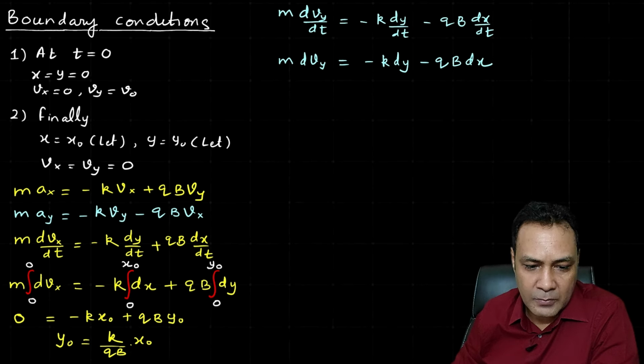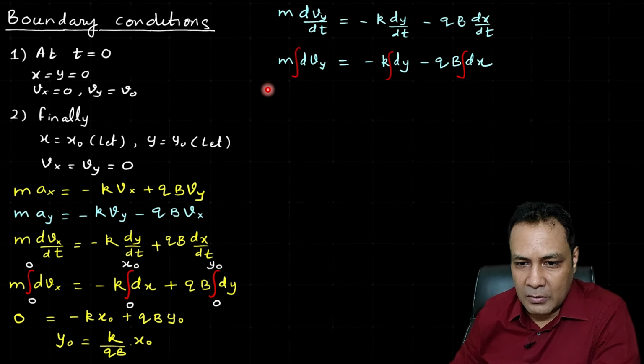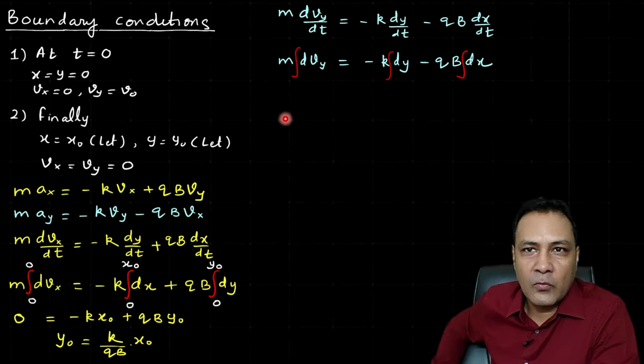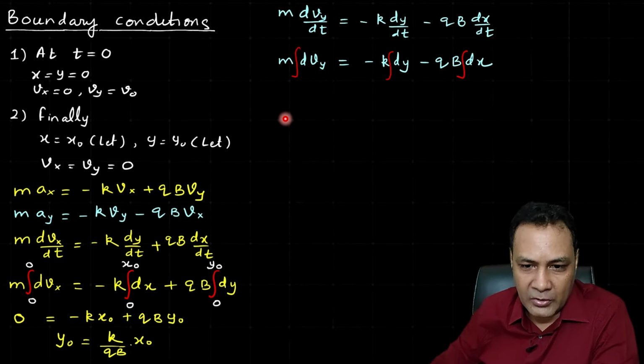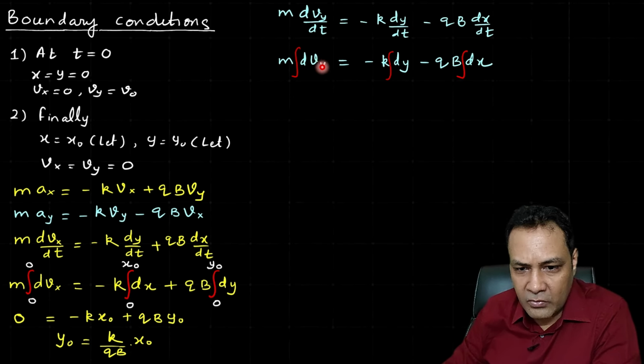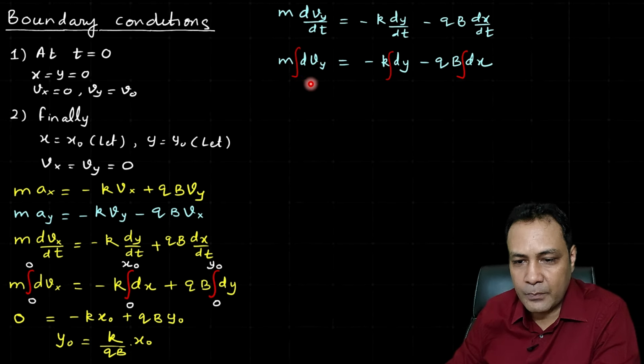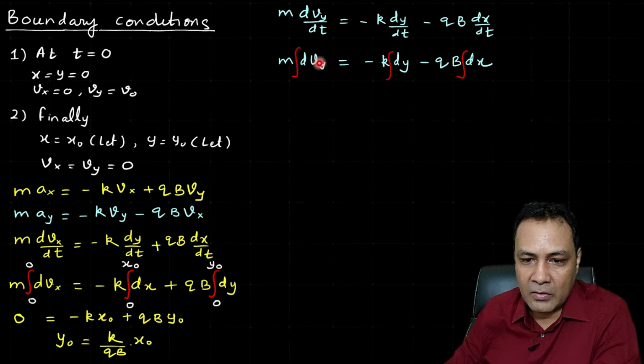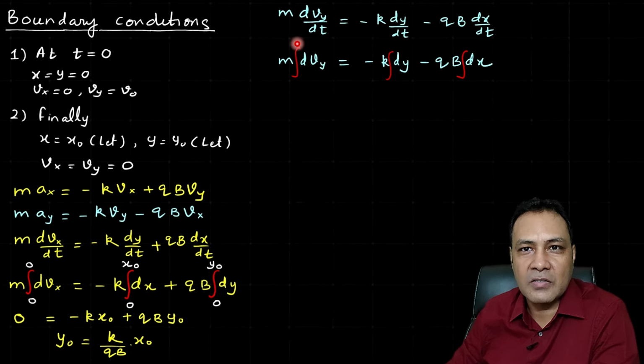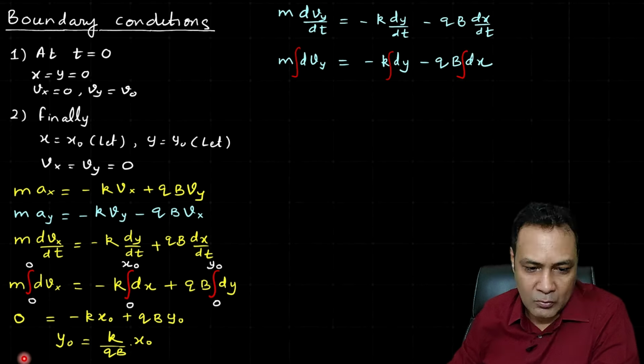Integrate both sides, with the lower limit for the initial boundary condition and the upper limit for the final boundary condition. Initially Vy is V naught, y is 0, x is 0. Finally the particle is at rest, so final Vy is 0, final y is y naught, final x is x naught.